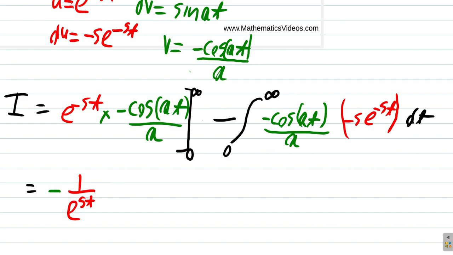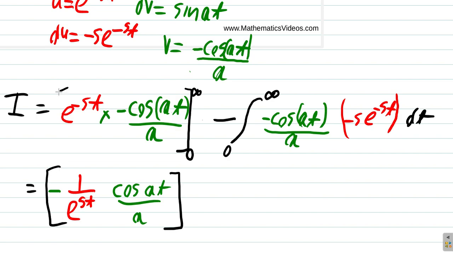Times cos at over a, and this is all from 0 to infinity, minus what now? You have a minus, a second minus and a third minus. Three negative signs multiplied will leave you with a minus sign.